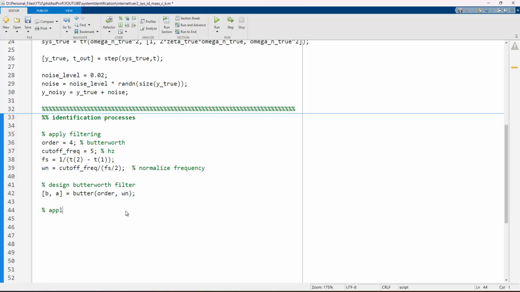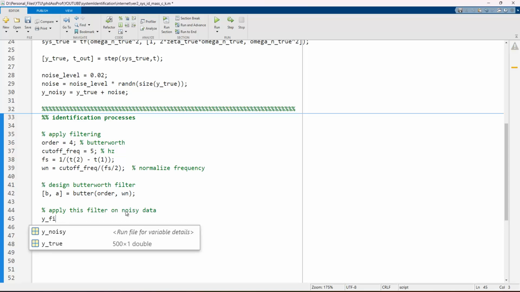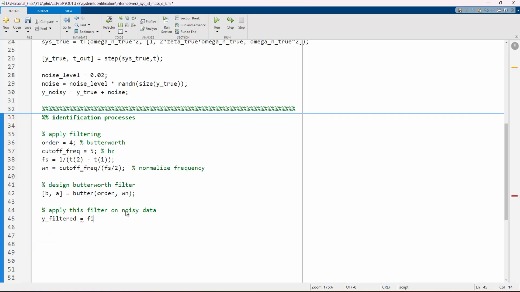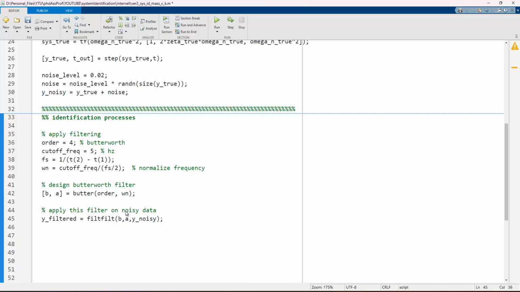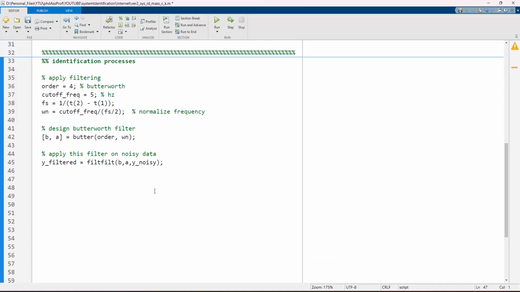Okay, and so apply this filter on noisy data, just like this one. Y filtered is equal to filtfilt, another function, to apply the B and A on the y noisy signal. Okay, this is another method that's provided from the Matlab programs.